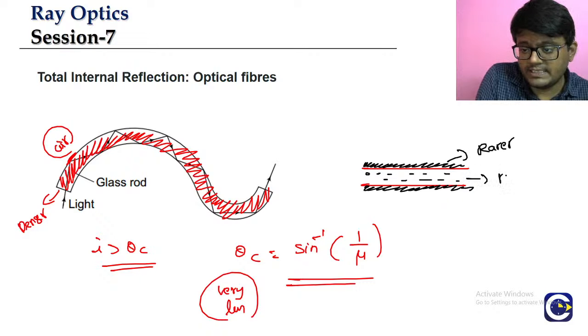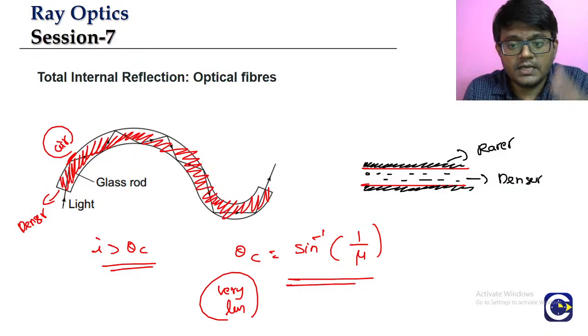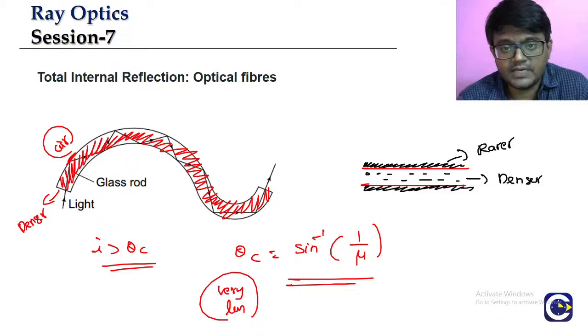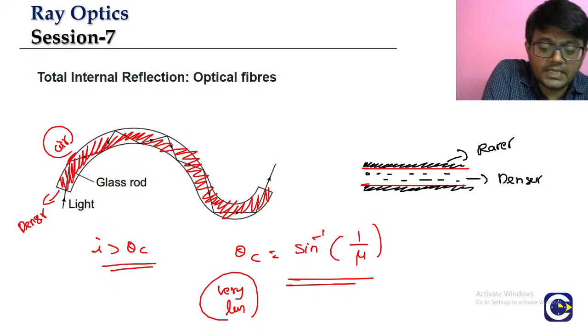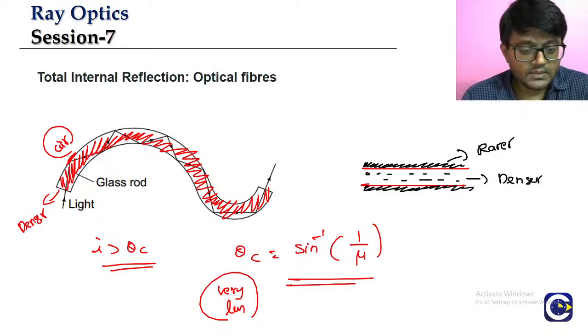Inside will be the denser medium. So we'll have total internal reflection happening at the interface between that denser medium and the outer covering. This is how the optical fibers are actually able to work and transmit communication.